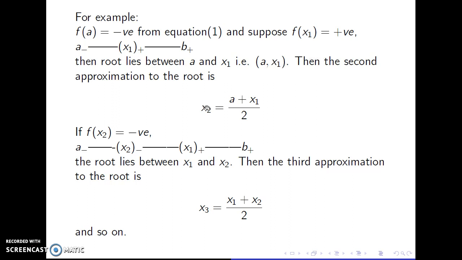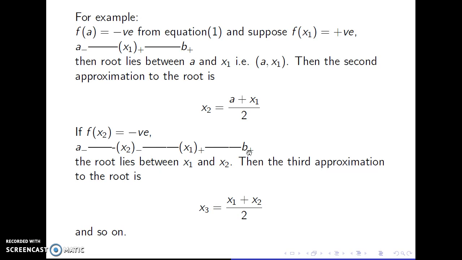Next approximation, that is the second approximation, x2 equal to a plus x1 upon 2. If f of x2 we assume to be negative, then the interval a to b becomes a with symbol minus, x2 minus, x1 plus, and b plus.